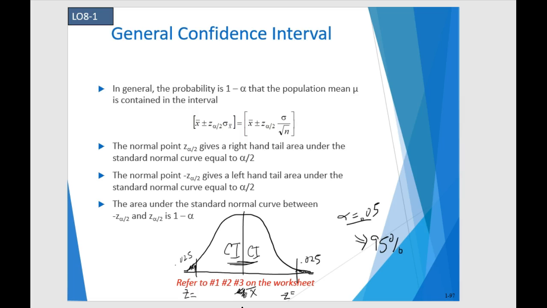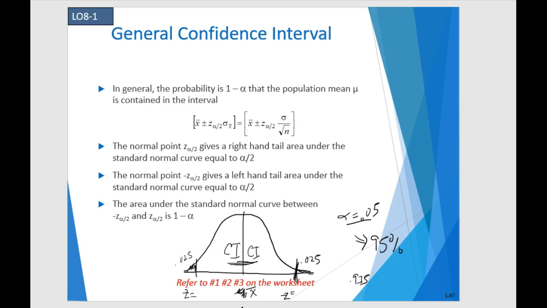Finding the z value is just going to be as easy as finding either one of these points. We could do it one of two ways. We know 0.025 is above this point in probability, so we need to find the z value that corresponds with 1 minus 0.025, or 0.975, in the standard normal curve, because that would be our cumulative area under the curve.